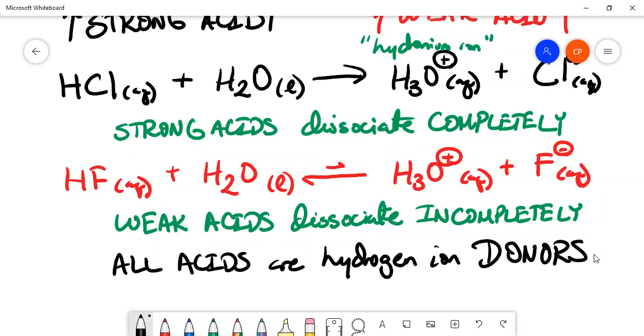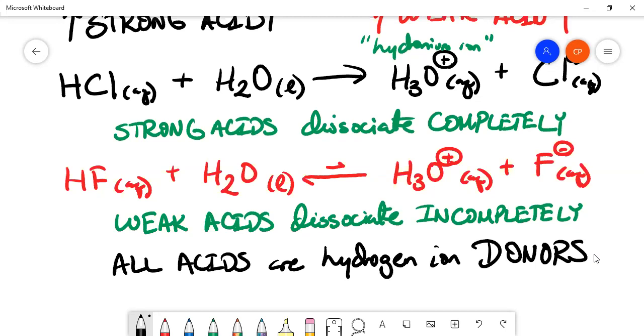We say that all acids are hydrogen ion donors. In their behavior in solution, all acids give up hydrogen ions to the solution. And in our application, we're dealing in aqueous solution pretty much all the time here.